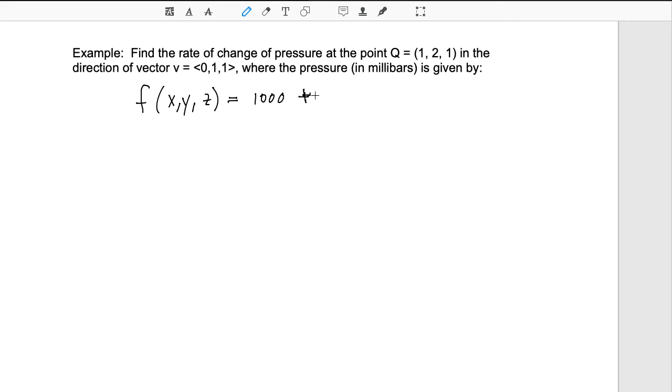That's a plus yz squared plus x squared z minus xy squared.